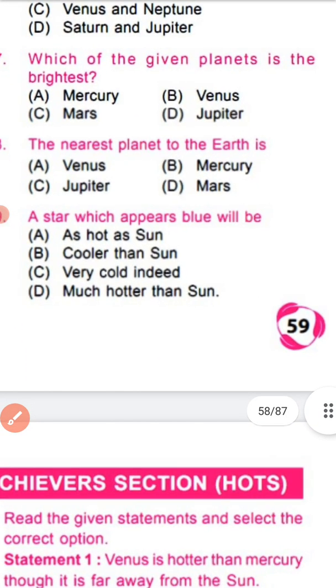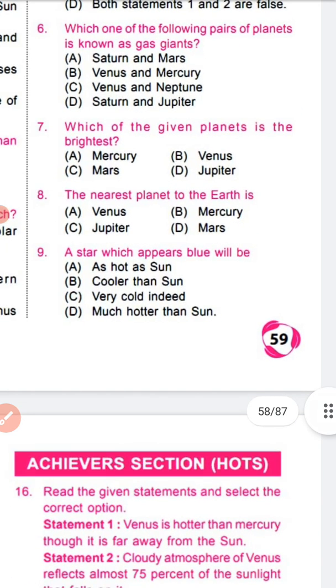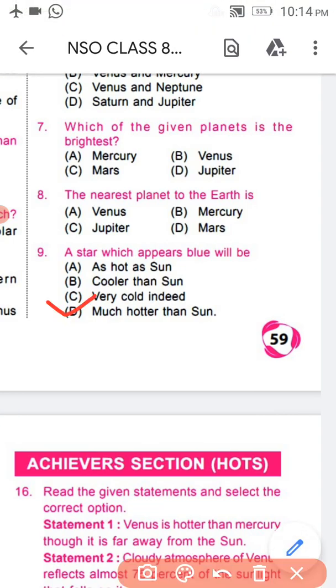A star which appears blue will be as hot as the Sun, cooler than the Sun, very cold indeed, or much hotter than the Sun. So this will be option number D, much hotter than the Sun.